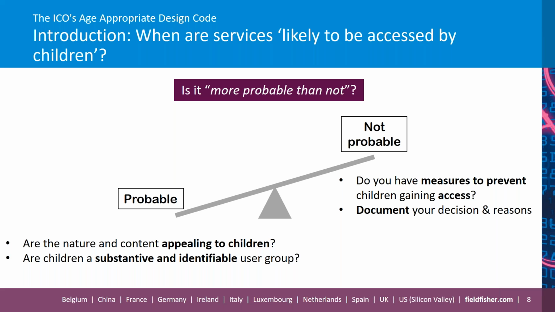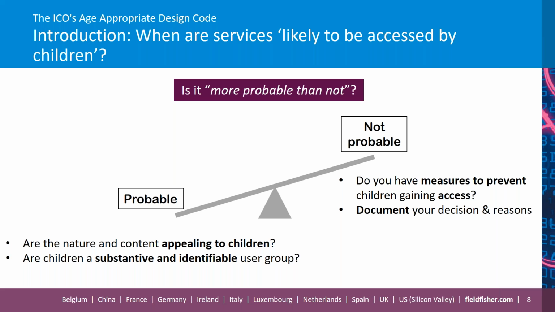Firstly, again, it's important to bear in mind that for the purposes of this code, as we've mentioned, a child is a person under 18. And it's clear that the code applies to services that are designed for and specifically aimed at under 18s, but clearly its application is broader than that.